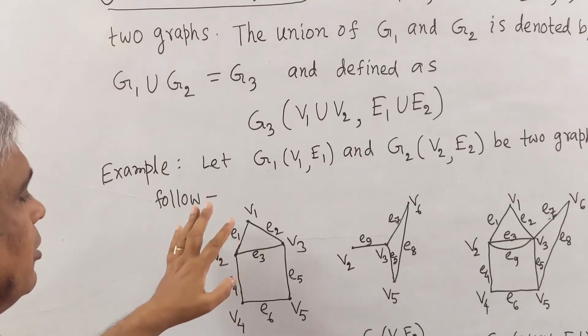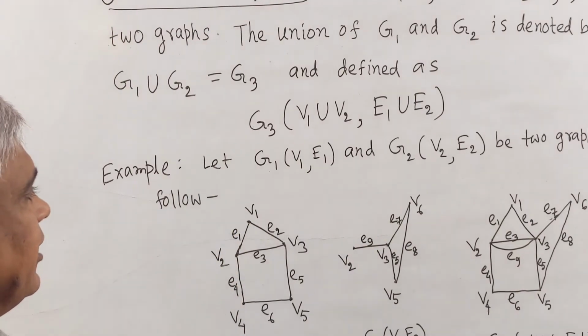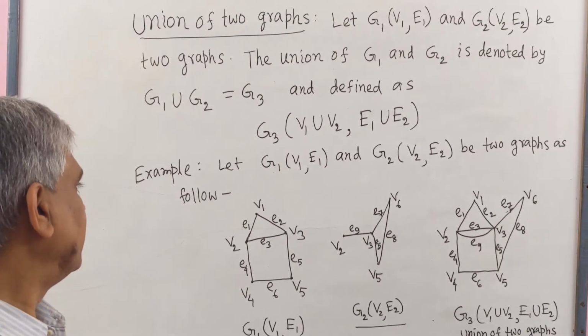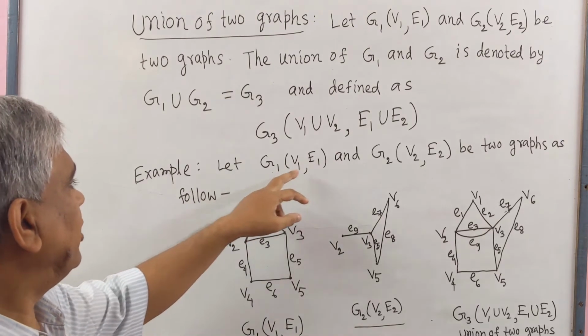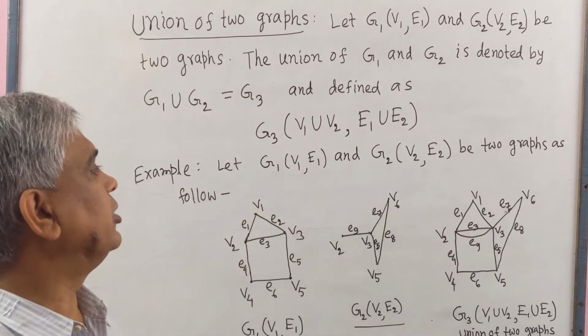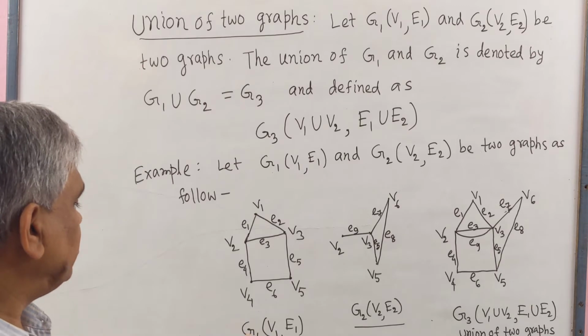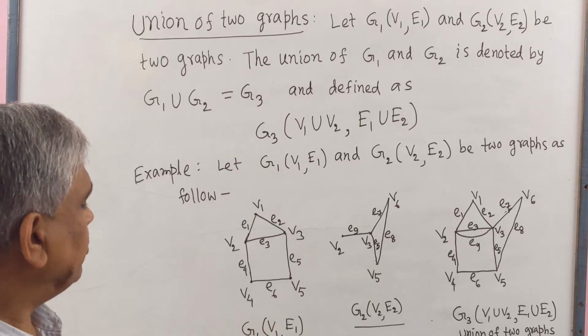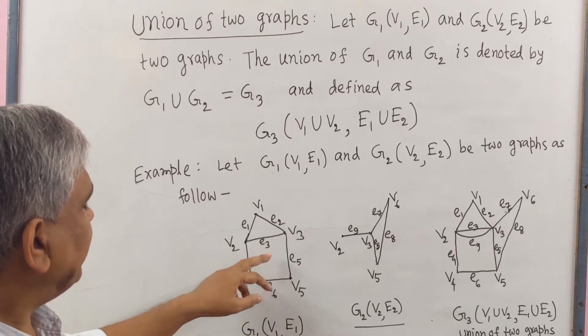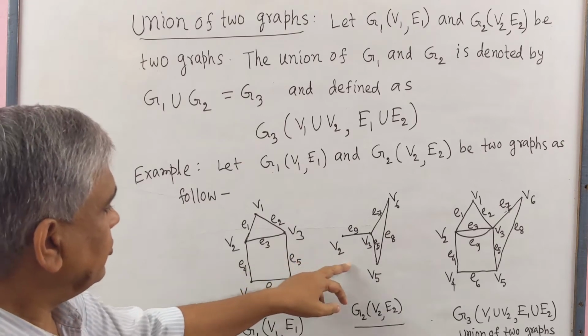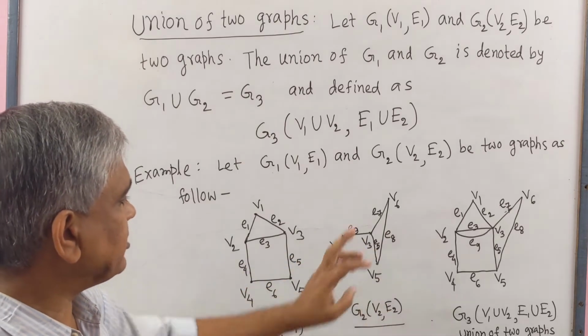By an example, we may understand this very clearly. Let G1 (V1, E1) and G2 (V2, E2) be two graphs. Here G1 is the first graph and G2 is the second graph.